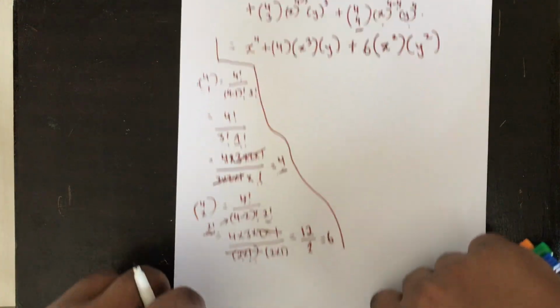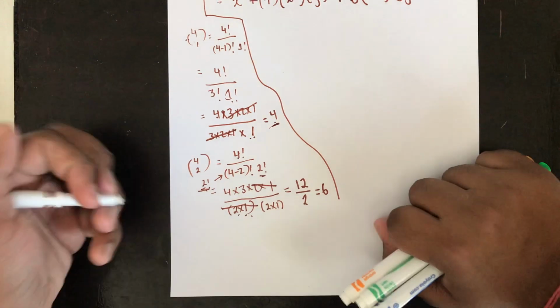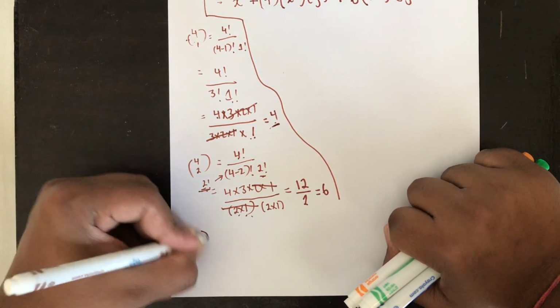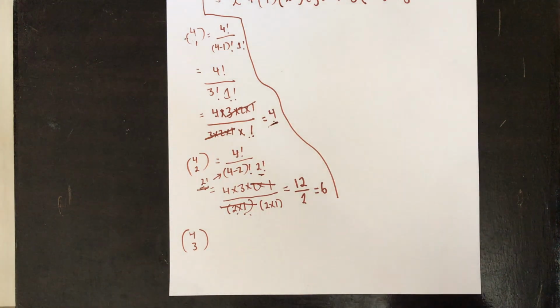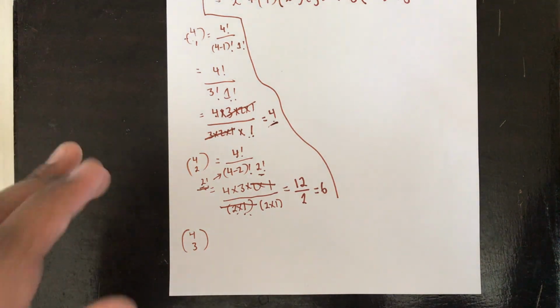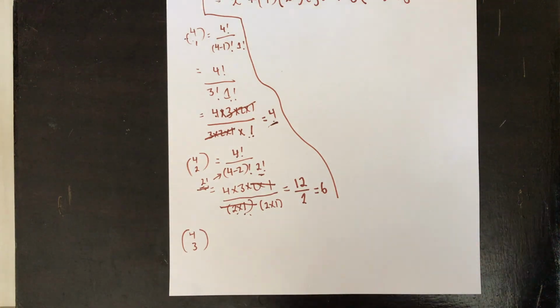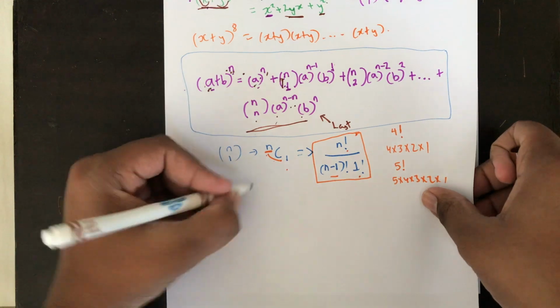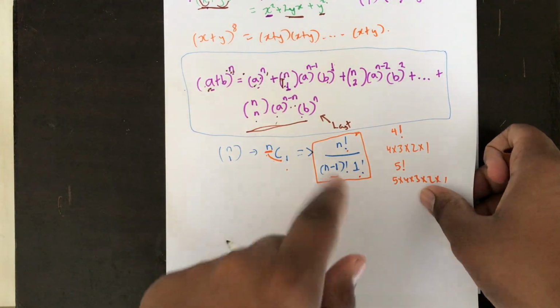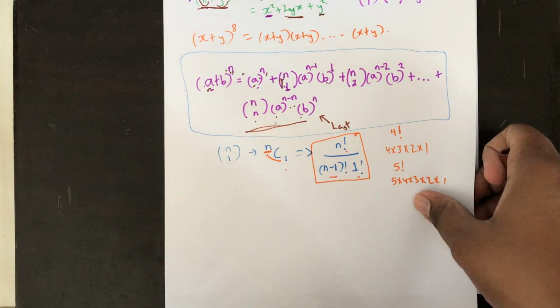So 4c3, what will that be? So I have 4 and 3 here. So let's try to solve that. So again, it becomes very easy. All you need to do is just substitute into the formula which I had said earlier, that if you have nCr, you have n factorial over (n minus r) factorial into r factorial.